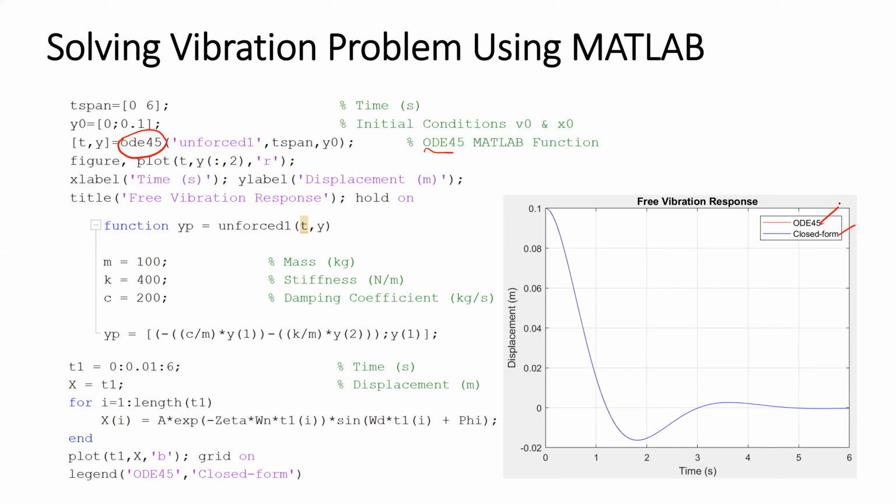So I'm gonna teach you how to use the ODE45 function so that when you want to practice your self-study, by changing the M, C, K and changing x0, v0.